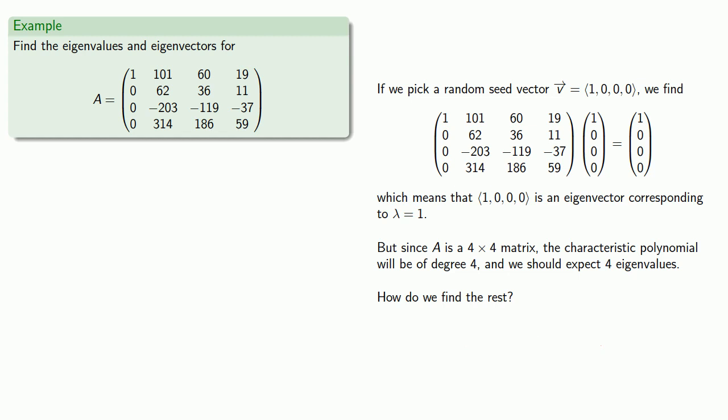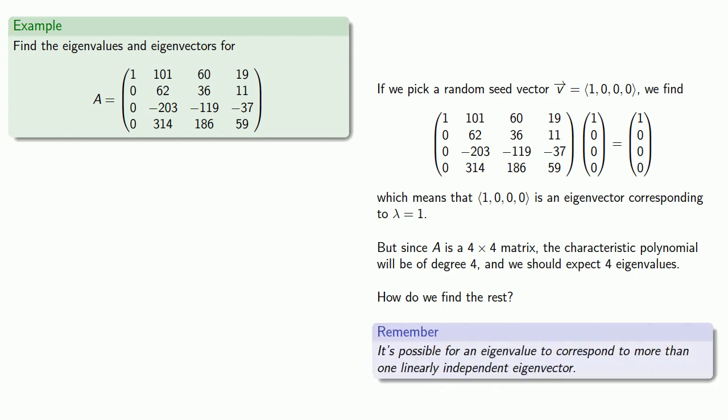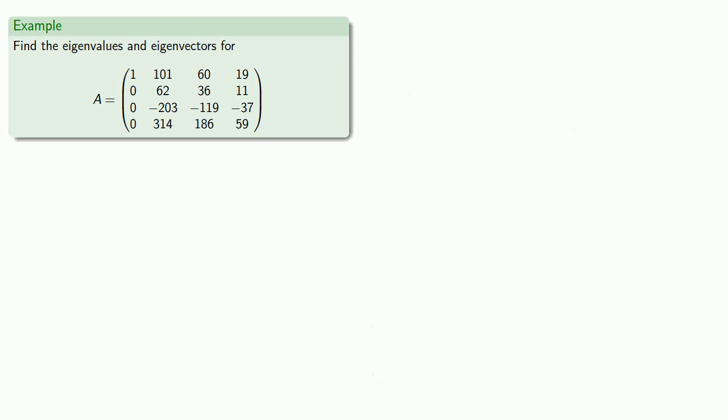To find the rest, it's important to remember that it's possible for an eigenvalue to correspond to more than one linearly independent eigenvector. So let's see if lambda equals 1 corresponds to multiple eigenvectors. And so let's find all eigenvectors associated with lambda equal to 1. So we'll solve (A minus 1I)x equals 0.